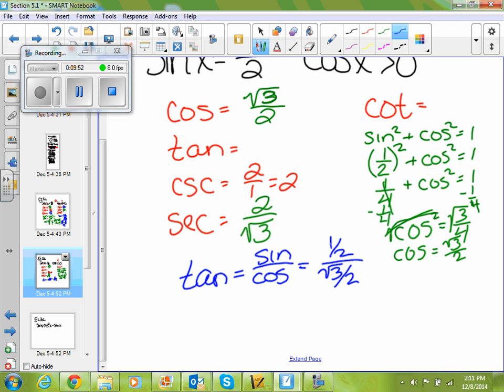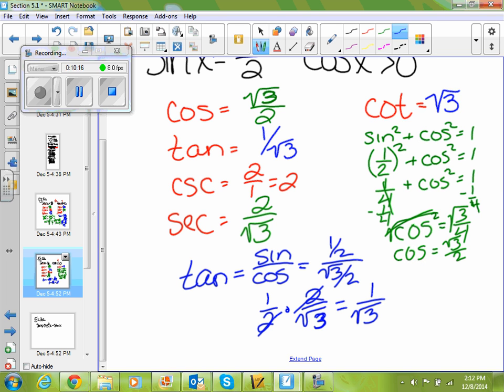So if I leave my 1/2 alone, change my division to multiplication, and flip my other fraction upside down, then I end up with 1/2 times 2 over square root of 3. The 2's cancel, and I get 1 over square root of 3. So my tangent is 1 over square root of 3. My cotangent is the inverse of tangent, so square root of 3 over 1, or just square root of 3.